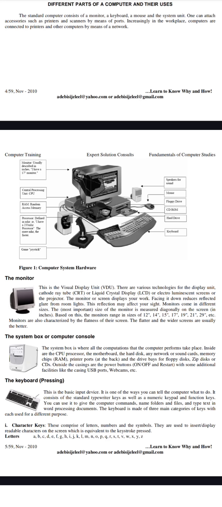One can attach associated accessories such as printers and scanners by means of ports. Increasingly in the workplace, computers are connected to printers and other computers by means of a network.